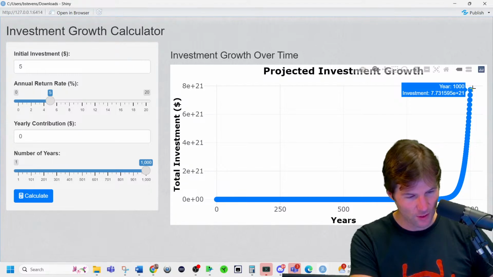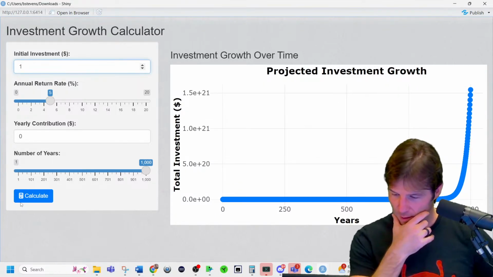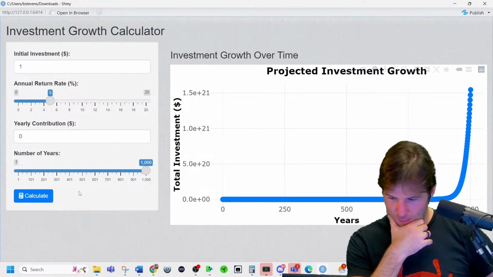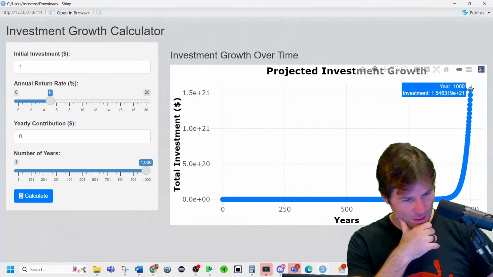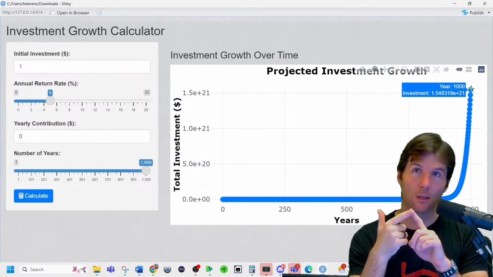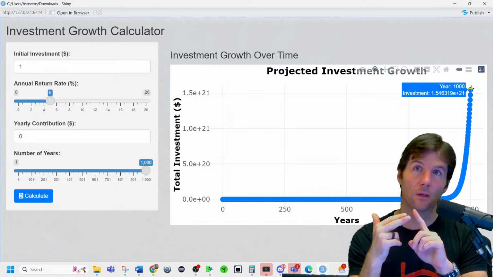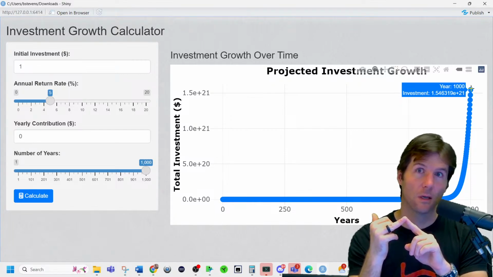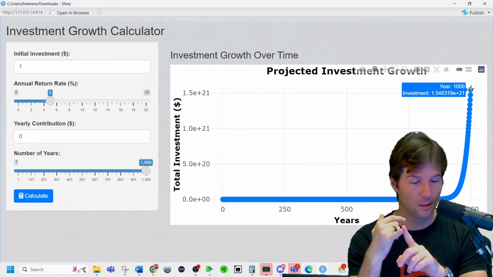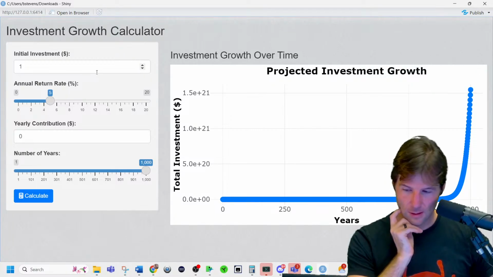Wait, do you have like $1 in there? How much money did he have? I mean, that's quadrillion dollars, I think. Million, billion, trillion, quadrillion, quintillion, sextillion. That's $1.56 trillion with $1 at 1,000 years.